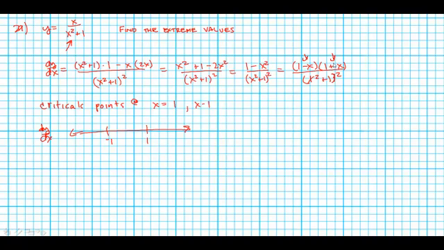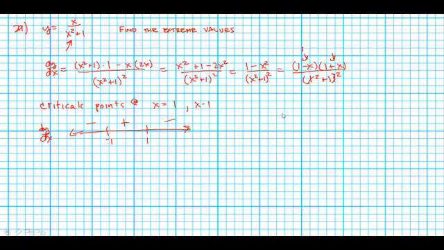A positive times a negative is a negative. The bottom is always positive, so it's negative there. And then as we go into this middle range where x can equal 0, we get a positive number. And as x gets really large, we end up getting a negative here and a positive here, so we end up with an overall negative.